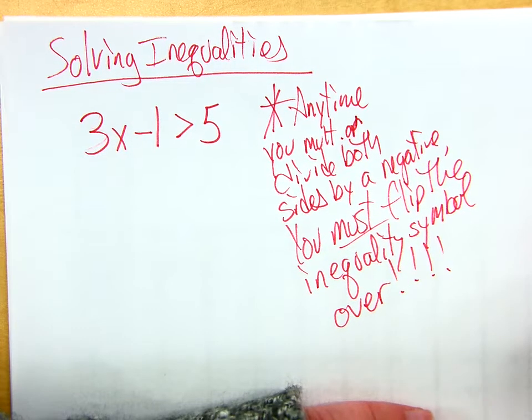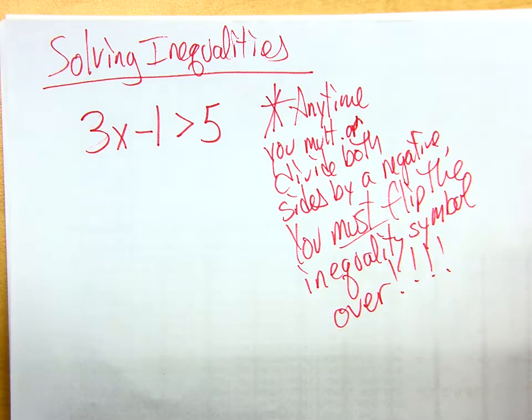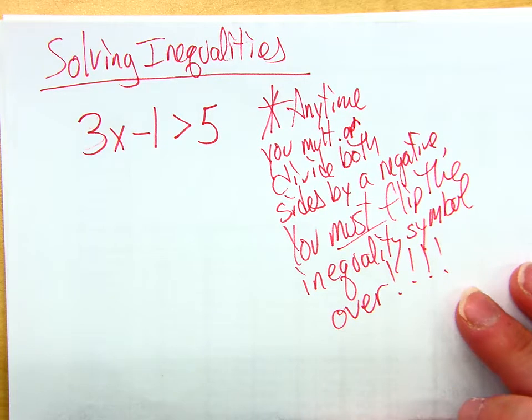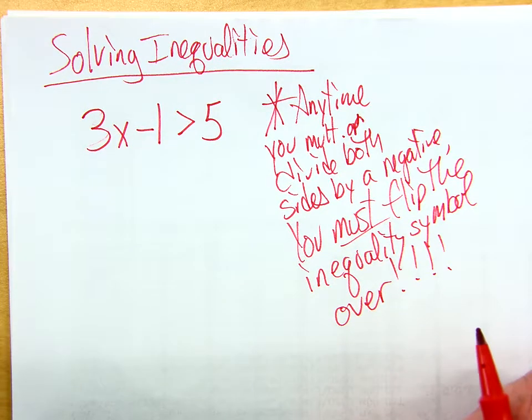And that's all because in negative land, everything's switched around. Remember how we talked about how negative 3 is actually bigger than negative 5? Everything swaps. So, you just have to keep this in mind anytime you're dealing with inequalities.